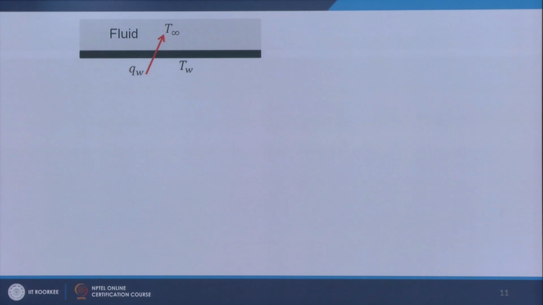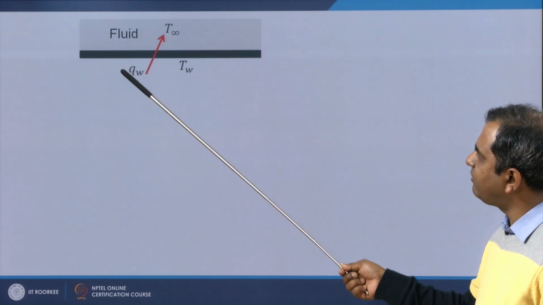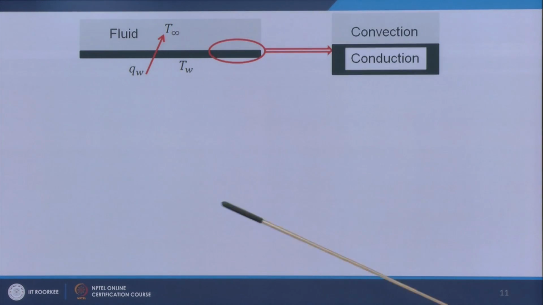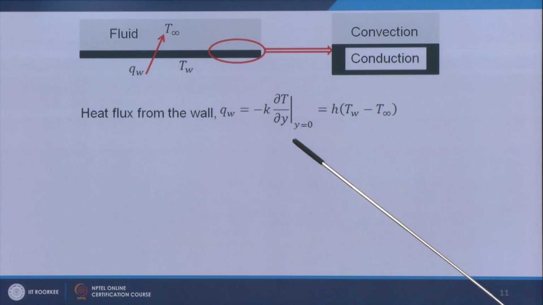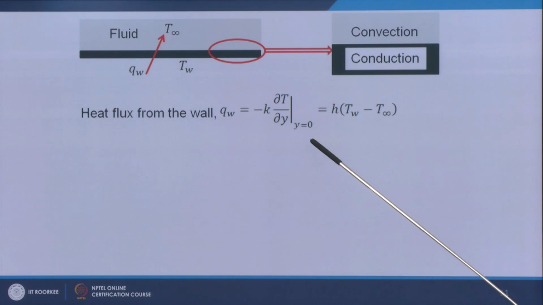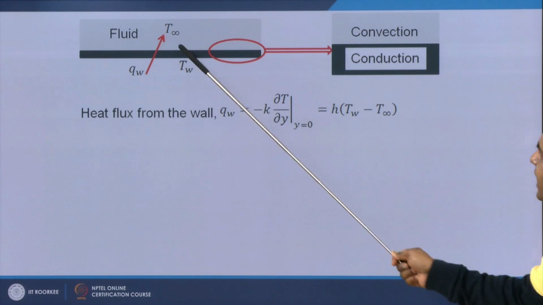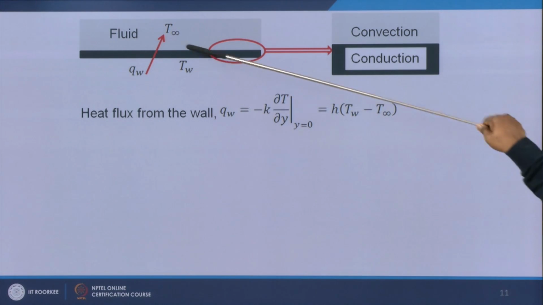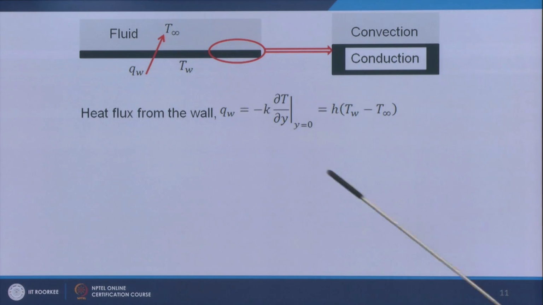So if we try to see the heat flux, let's say the wall heat flux is Qw. From conduction we can write Qw equals minus K del T del Y at Y equals 0, because near the plate the conduction dominates, and immediately adjacent to this plate we have a fluid layer which has convection.